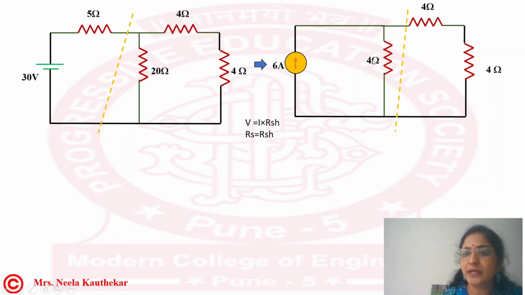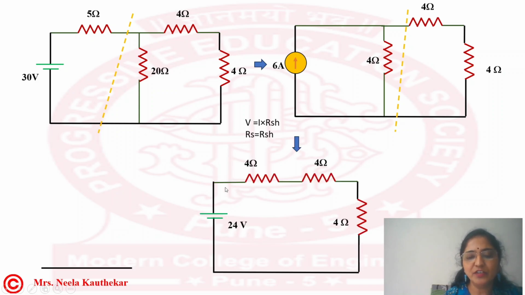Means RS will become 4 ohm and V is 6 ampere times 4 ohm, that is 6 fours are 24. So we can convert it into a voltage source of 24 volts and 4 ohm. The further circuitry is going to be as it is.